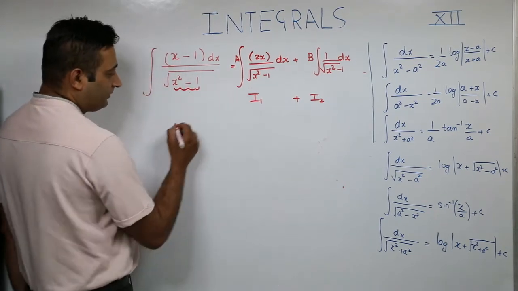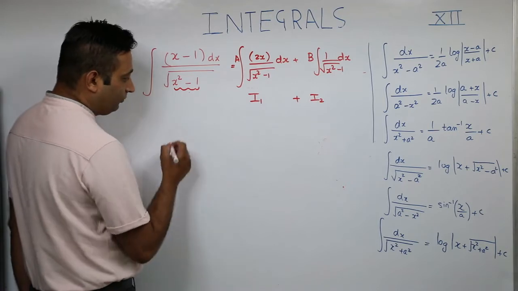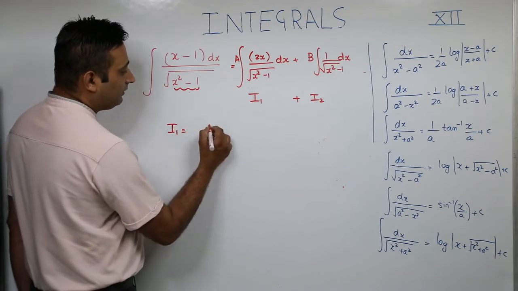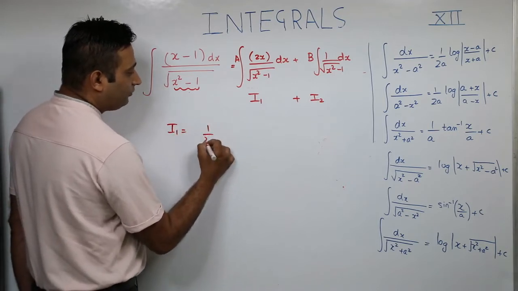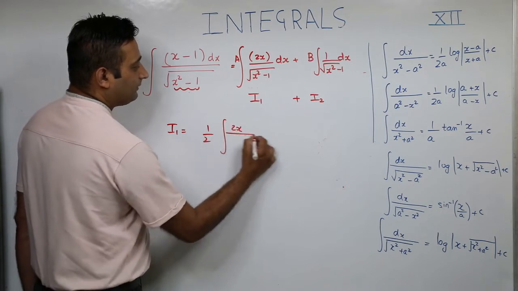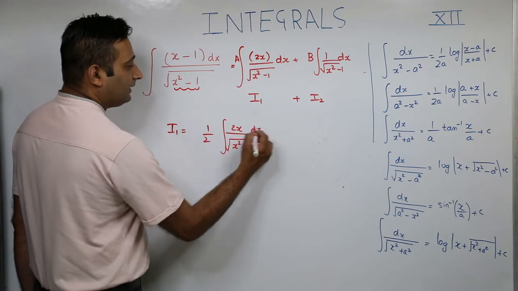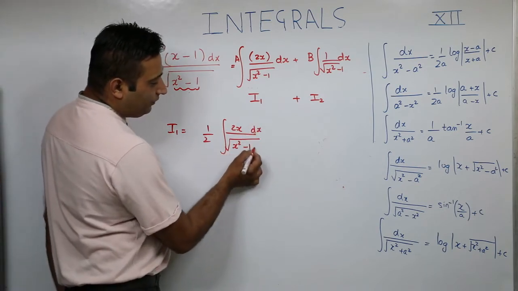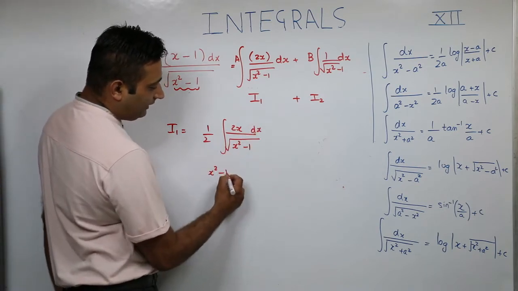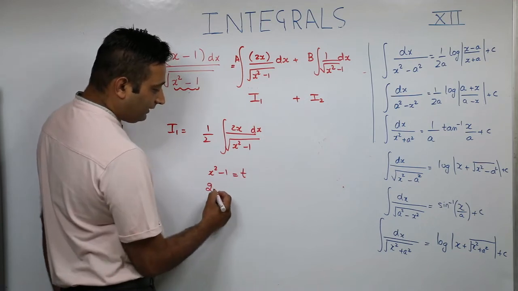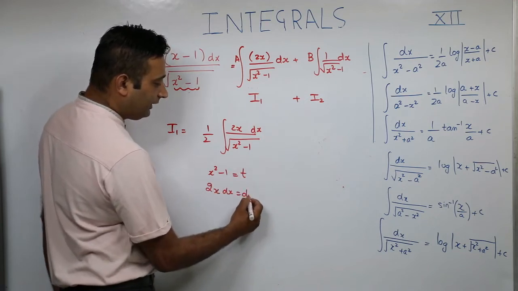Now we'll solve these integrals I1 and I2. Now I1 can be solved where a was 1 by 2 and 2x by under root x square minus 1. That means we will substitute here x square minus 1 as t. So we get 2x dx is equal to dt.